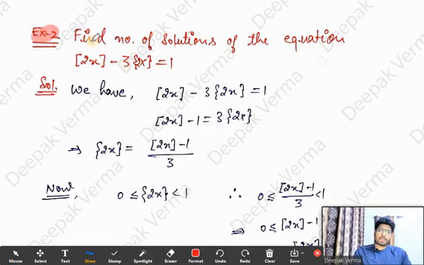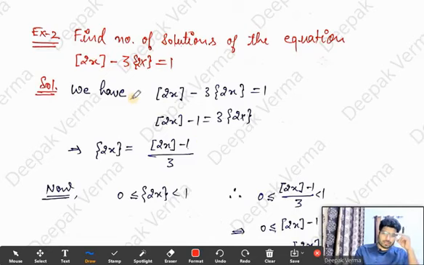Example number 2. Find the number of solutions of the equation box 2x minus 3 fractional part of 2x equals to 1. Here we have 2x and here also we have 2x. Got it? So what will we do in this question?